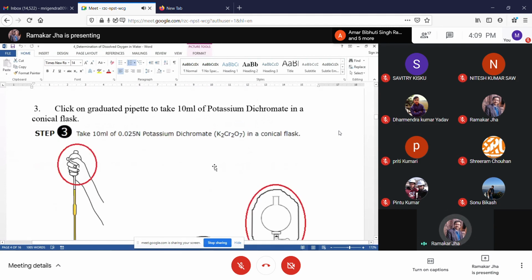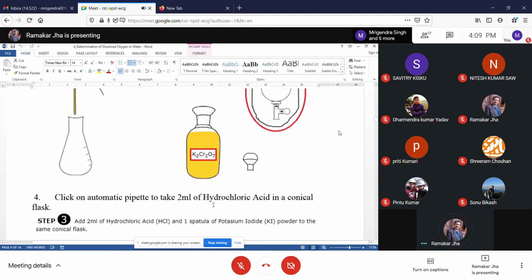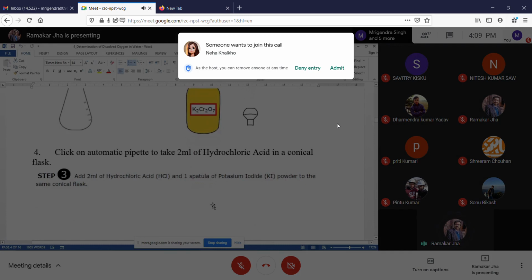Now take 10 ml of 0.025 N potassium dichromate in a conical flask. So potassium dichromate we have taken. Then add 2 ml of HCl.